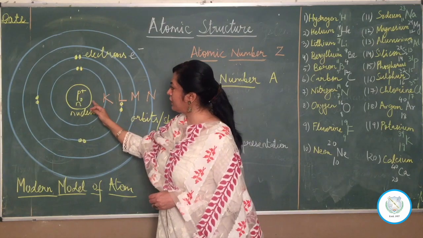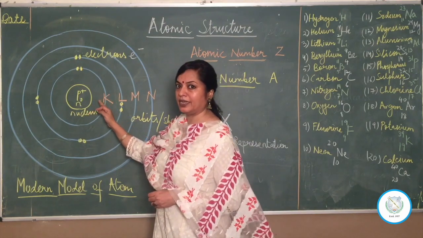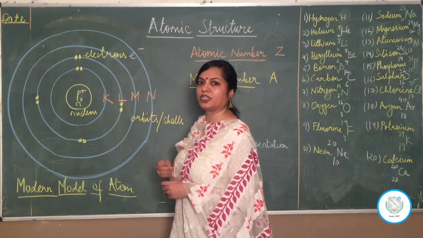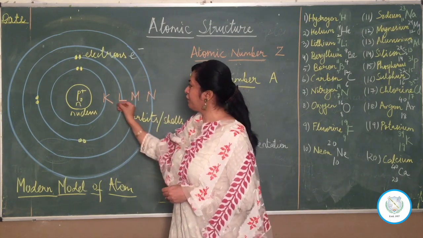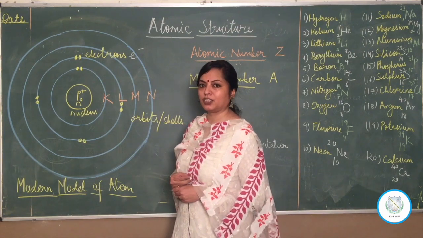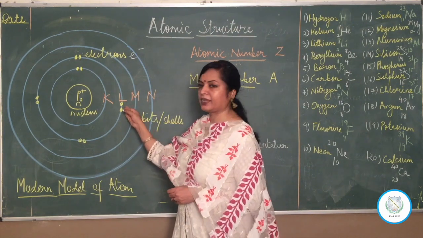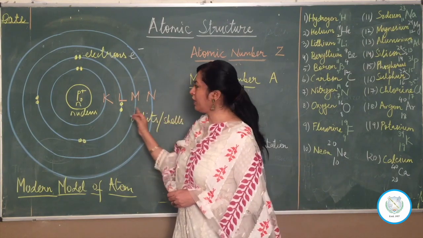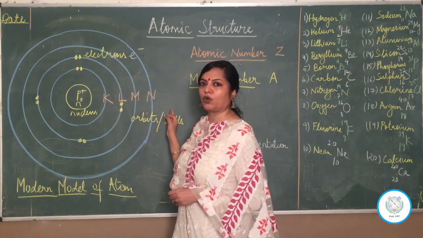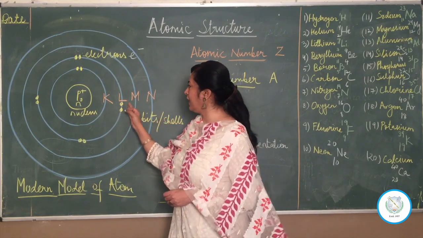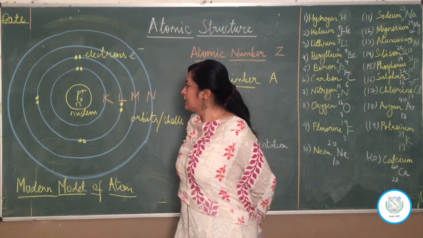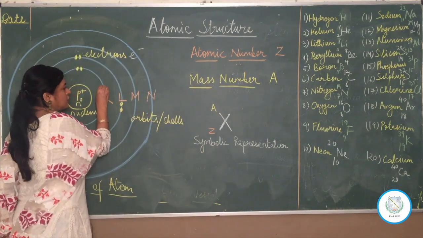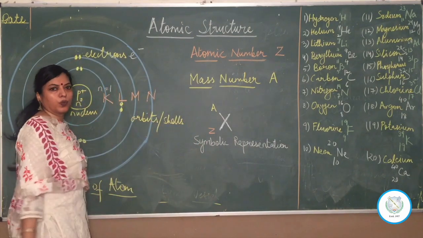The closer the shell is towards the nucleus, lesser would be the energy. As we move from inner to outer levels, energy levels increase. The first shell is called the K shell, followed by next L, then M, N and so on. At your level, we only need to be aware of these four shells, K, L, M and N. Since the K shell is closest to the nucleus, we give it the shell number small n, that is 1.